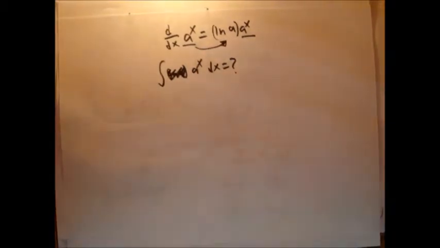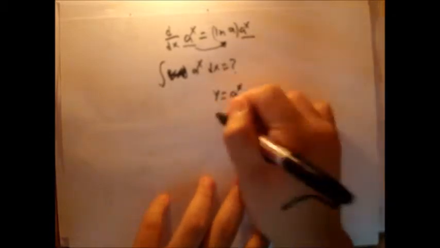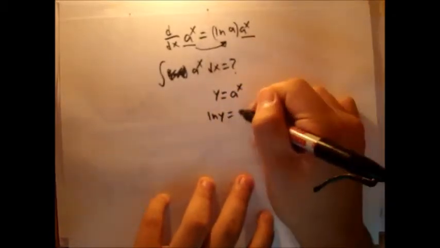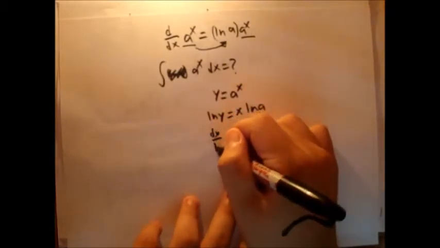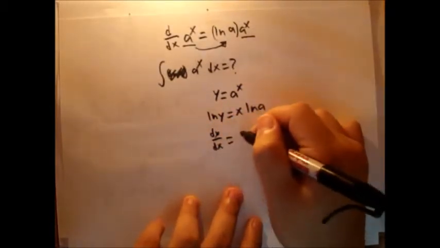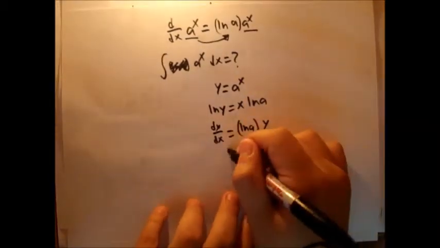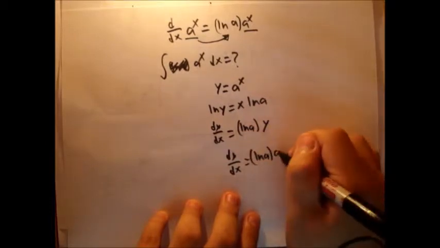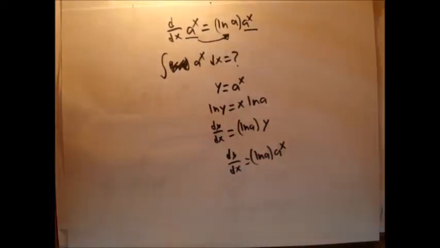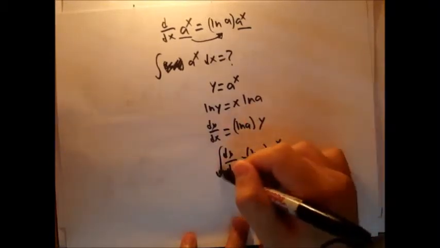Well, let's actually try to take the derivative again of a to the x. Remember when we did the ln of both sides? Bring down the power, take the derivative of both sides, dy/dx equals just ln a times y. In this case, it's just dy/dx equals ln a times a to the x, right? Well, in other words, if we take the antiderivative of this, it'll cancel out.